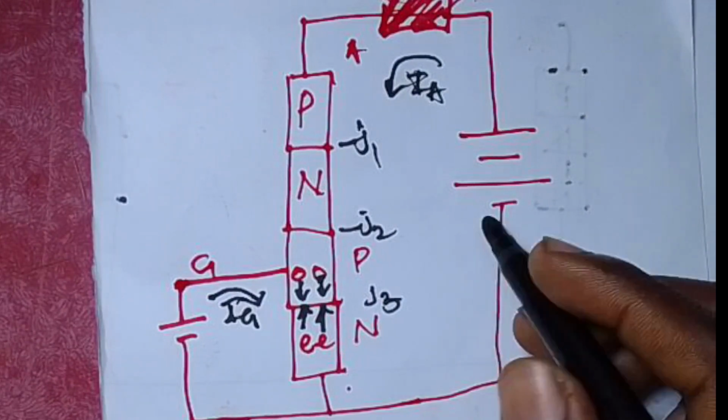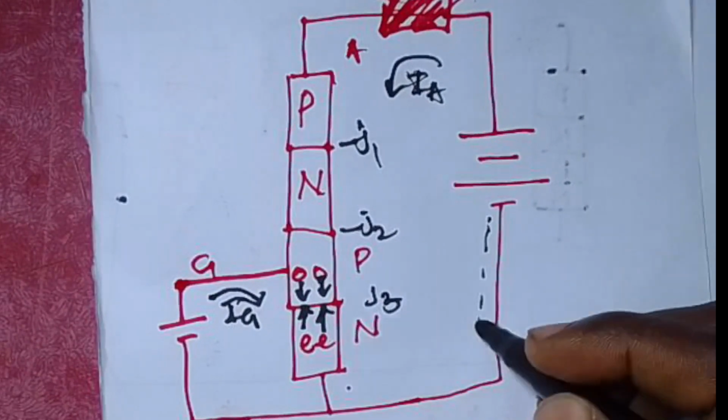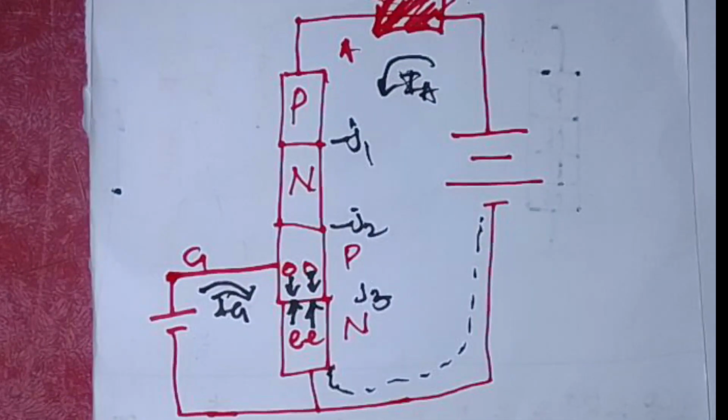When the anode current starts to flow, electrons will move from here and come to this point. That will result in accumulation of electrons at junction J3. So what happens when the electrons accumulate at that point? Junction J2 will break down, and when that occurs, the SCR starts conducting heavily.